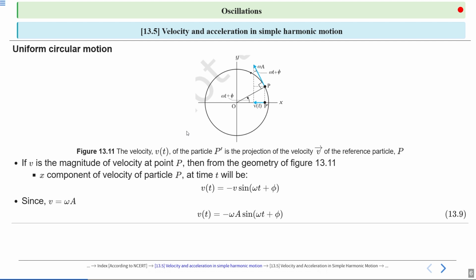So substituting v is equal to omega A into our formula, we get v of t is equal to minus omega A sine omega t plus phi. This equation tells us exactly how the velocity changes over time for a particle in simple harmonic motion. Velocity depends on both the amplitude and the angular frequency, and it varies sinusoidally as the particle oscillates.